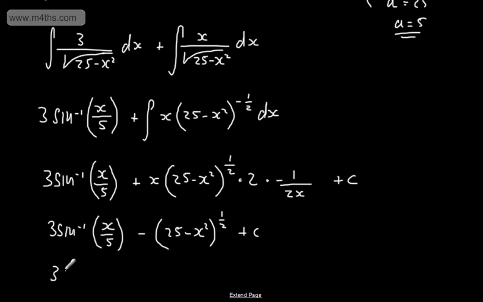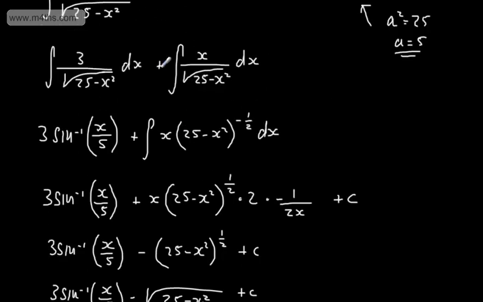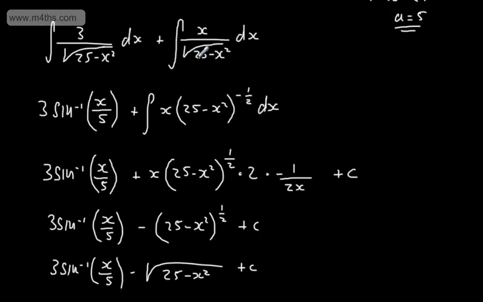Or, if you like, 3 lots of the inverse sine of x over 5 minus the square root of 25 minus x squared plus c. So, if you're unsure, go ahead and differentiate that, and we should end up now with x over the square root of 25 minus x squared. So all I've done here is use integration by recognition by reversing the chain rule.